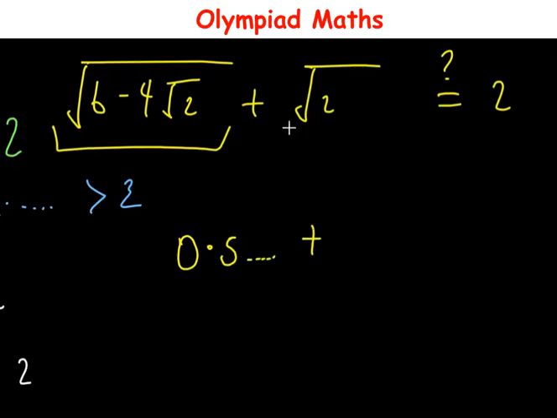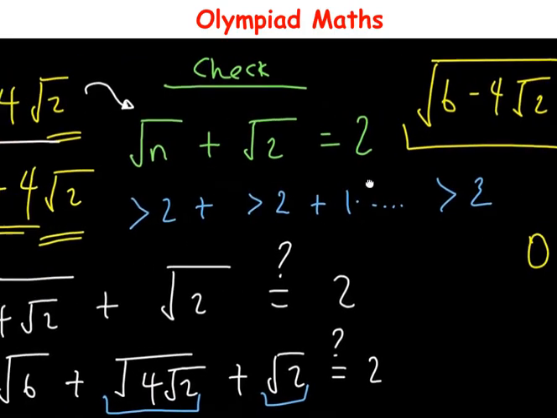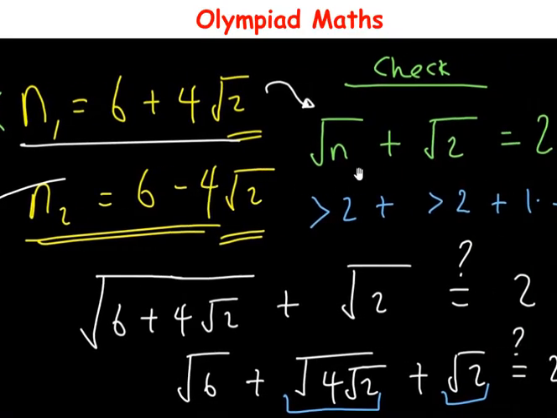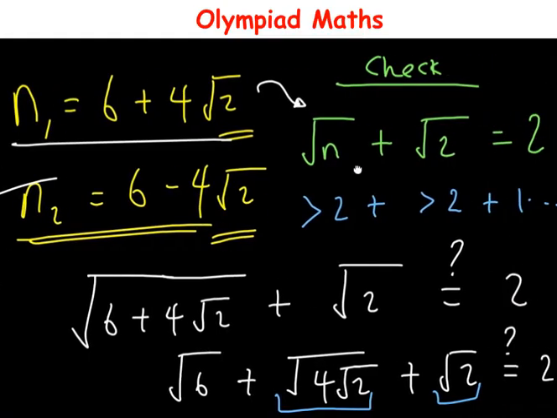Also, plus root 2 will give us an answer of 1.4 something. Now, if you add this up, you will get a value that will be approximately equal to 2. So this means that the solution of n2 as 6 minus 4 root 2 is the correct solution for the given question, root n plus root 2 equals 2. So we only have one solution for this given question.